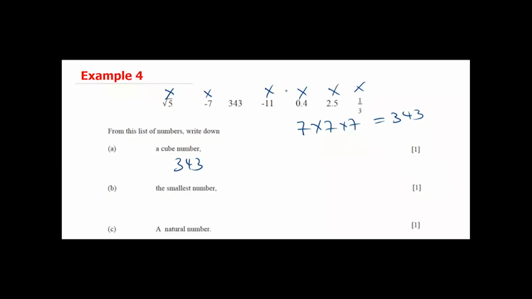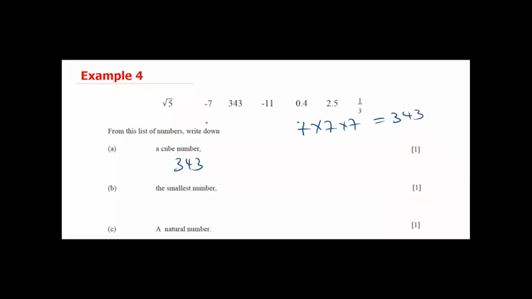So which one is the smallest number? Which one is the smallest number here? So the smallest number will be a negative number. Okay, so you can see my videos on integers. If you don't understand this very well, you can see my videos on integers to understand this better.